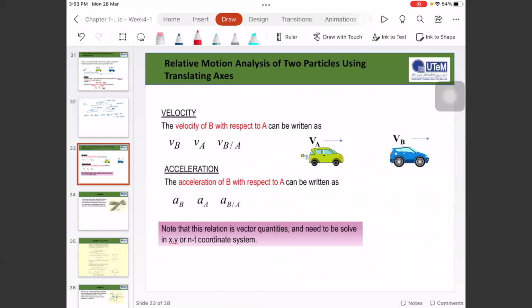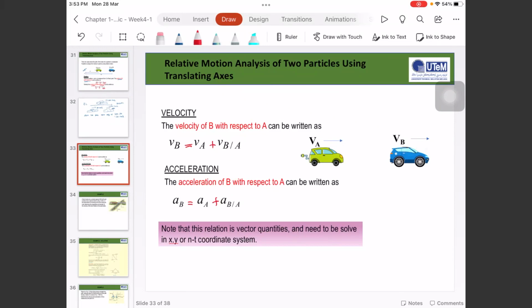Alright. So for velocity, the velocity of B with respect to A can be written as VB is equal to VA plus VB slash A. Okay.